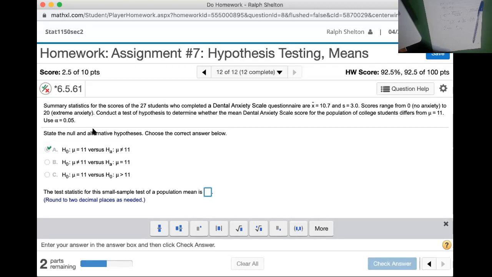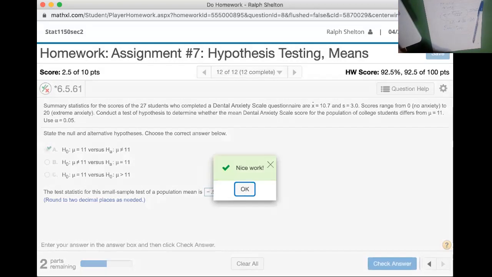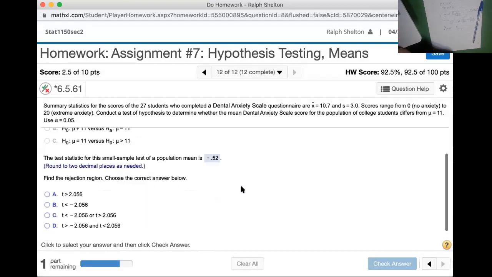Test statistic is minus to how many decimals? Two, so minus 0.52. I have to click in there first, I guess. I thought I did minus 0.52.